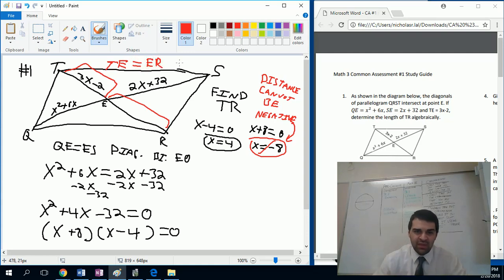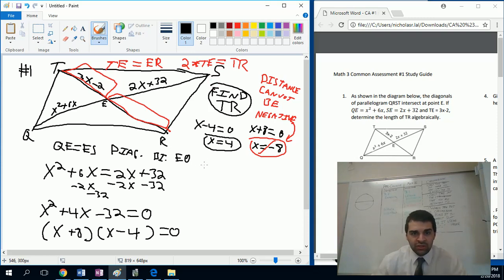If these two are the same, that also means that 2 times TE is equal to TR, because TE plus ER equals TR. So if TE is equal to ER, then 2 times TE is equal to TR. Once again, pause the video, look at the logic, and look back at your parallelogram notes if you need to understand why TE times 2 is equal to TR.